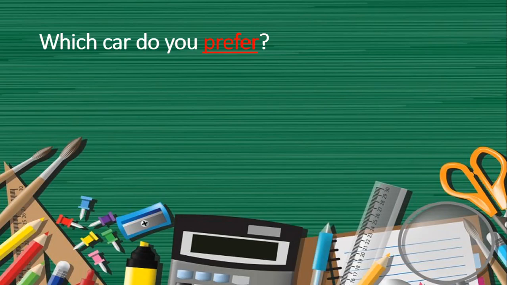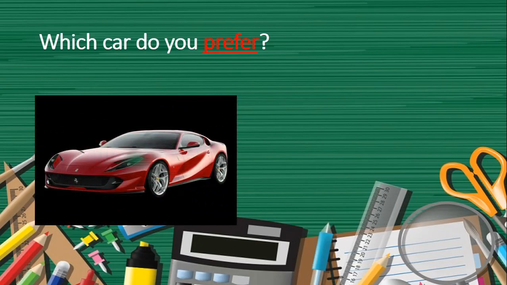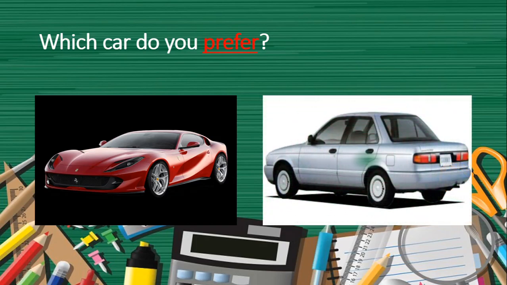So if I ask you, which car do you prefer? In this case, I'm giving you the first option, a Ferrari, and the second option, a Nissan, right? So, which car do you prefer? Some of you prefer the Ferrari over the Nissan, but some others that like old cars or something like that, they prefer the Nissan over the Ferrari.